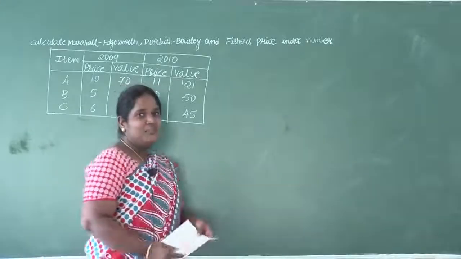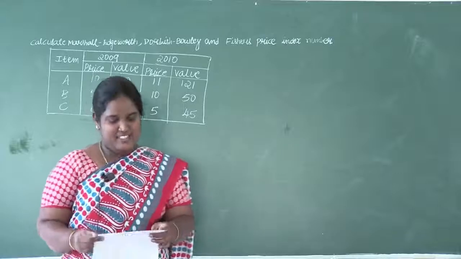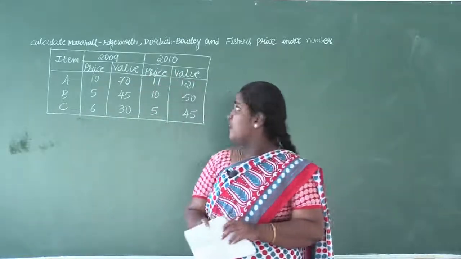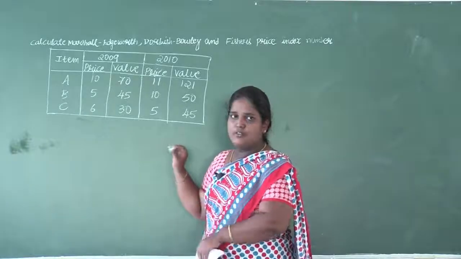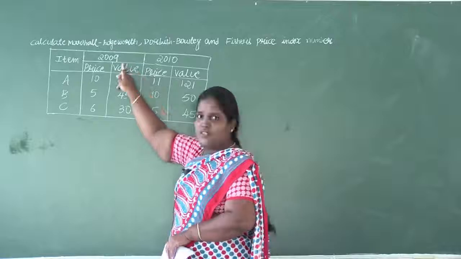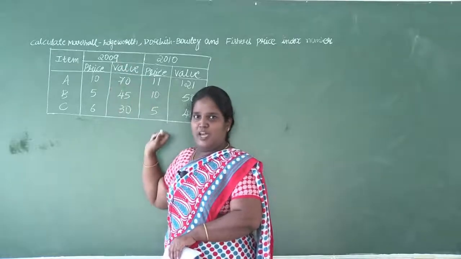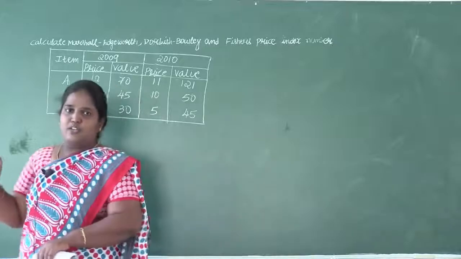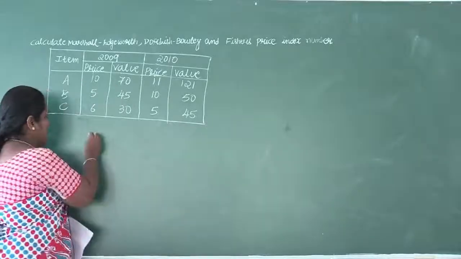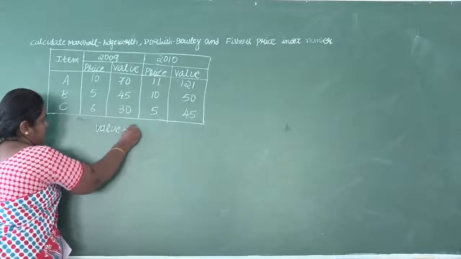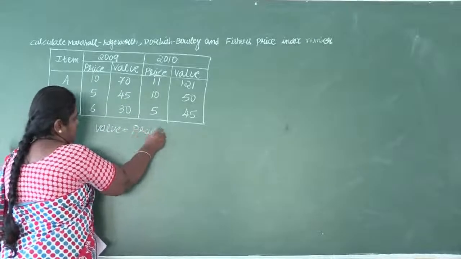Okay, now we are beginning with the second problem, that is, calculate Marshall-Edgeworth, Drobish-Bowley and Fisher's price index number. So here items are given up to C, then 2009 price and value. So price and value, it is similar to that of expenditure. So value is price into quantity.